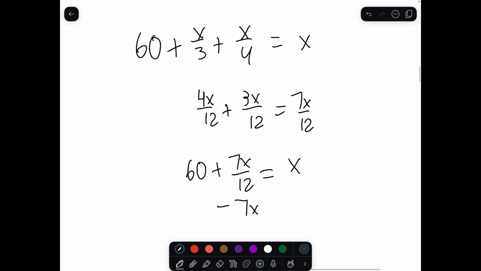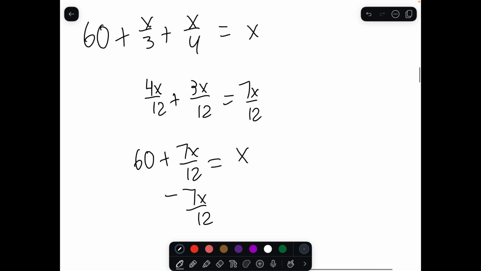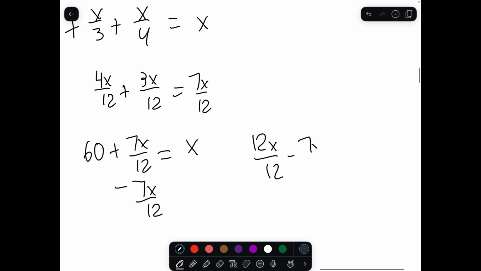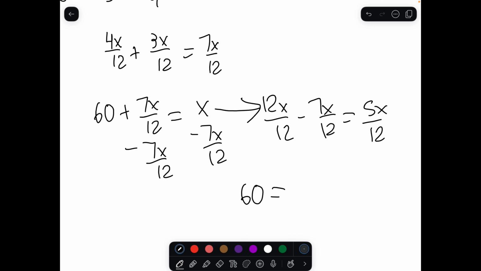Subtract 7x over 12, right? x is the same thing as 12x over 12. Minus 7x over 12, that's 5x over 12. So 60 equals 5x over 12.